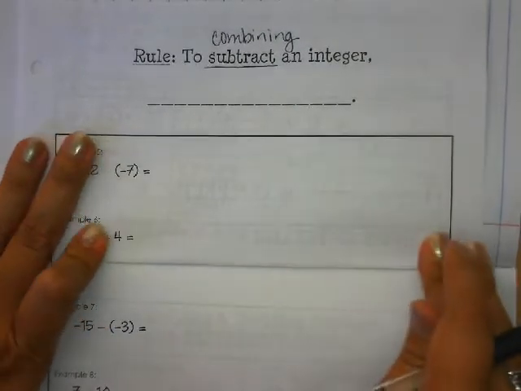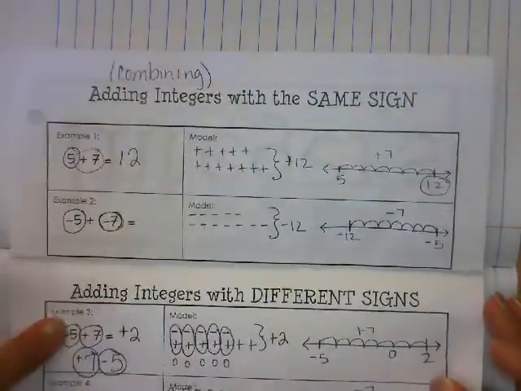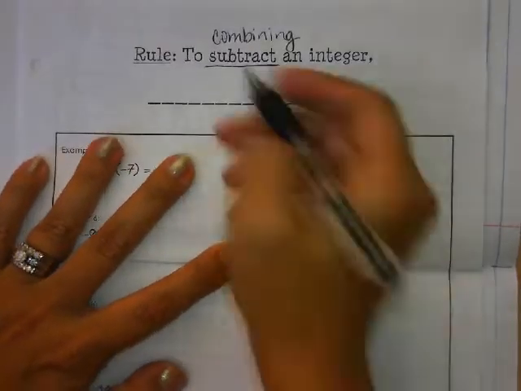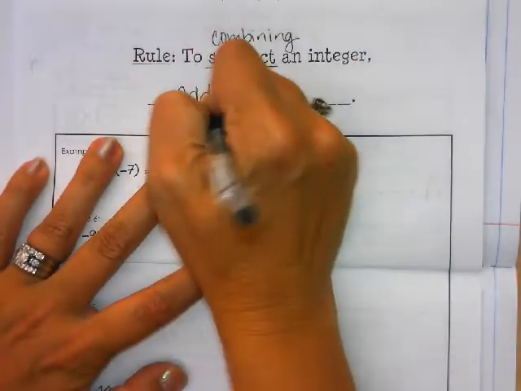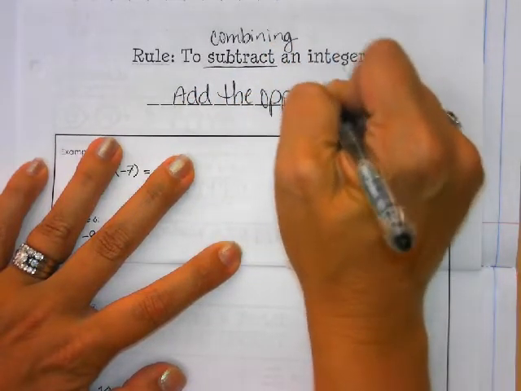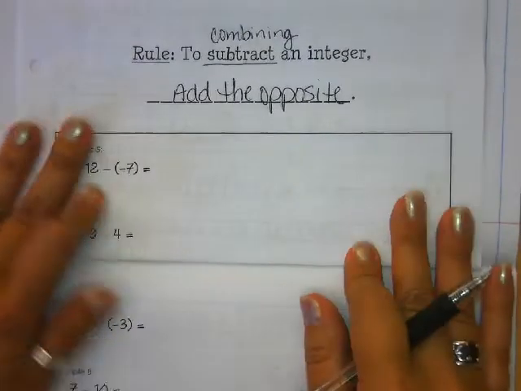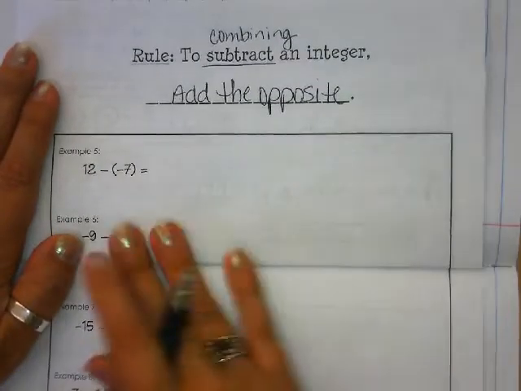If we want it to look like an addition, like what we had here and here, then we simply need to add the opposite, meaning we're going to put a plus sign in the middle and change the sign of the second number. So I want to show you this.